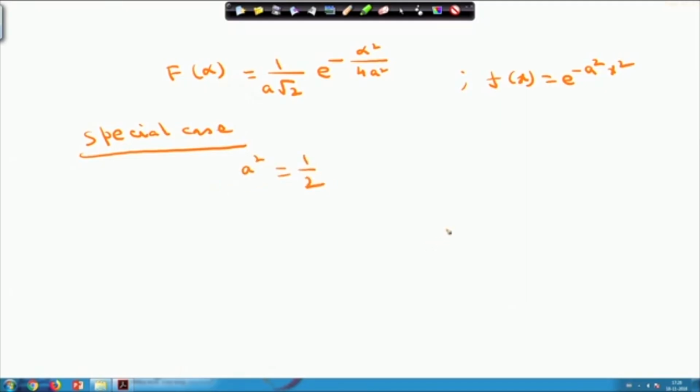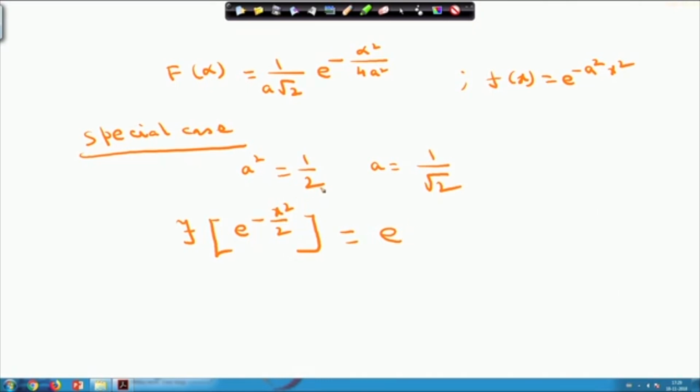What will happen here? Or in other words, a equals 1/√2. If I substitute this, then the Fourier transform of e^(-x²/2), if I put a² equals this, so you will obtain a² equals 1/2.